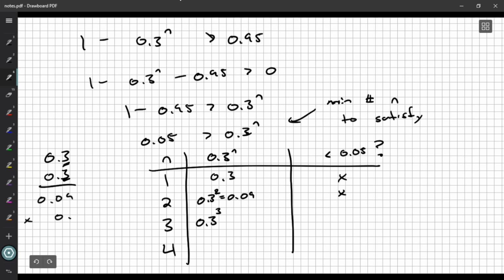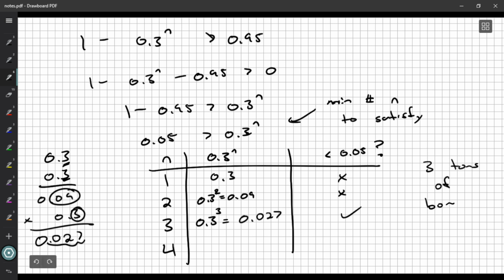Just multiply by 0.3 again. 3 times 9 is 27. But now we have 2 and 3 numbers, so we move over the decimal place 3 times. So 0.3 cubed is 0.027. And that is less than 0.05. So at minimum, we need to load up 3 tons of bombs.